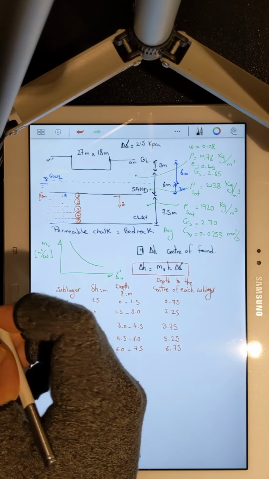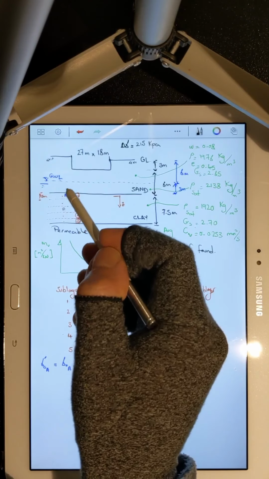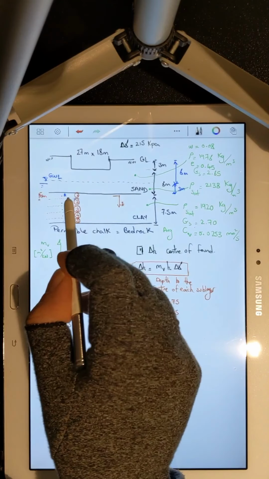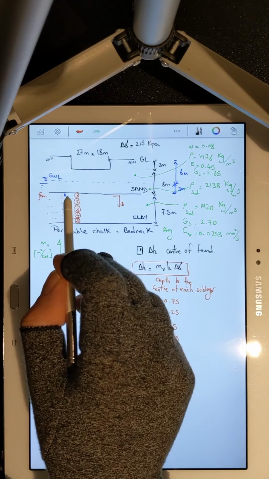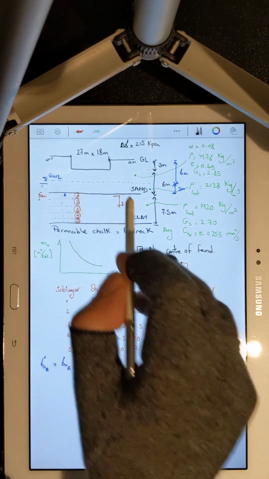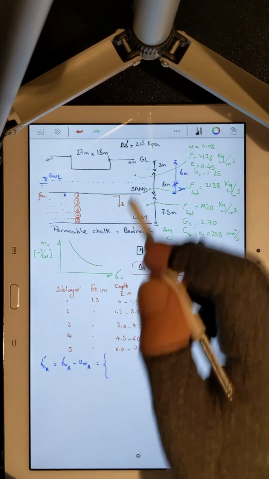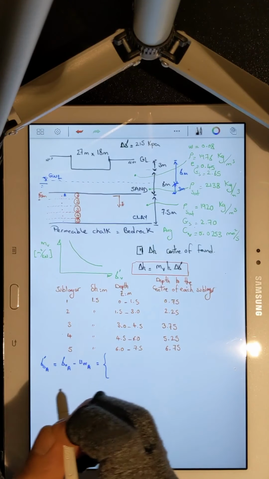And then I have different heights, depending on the sublayer, of saturated clay. Since I'm only interested in sublayer 1 for now, I have 0.75 meters of saturated clay. Let's begin from top and then go down. We will begin with the unsaturated sand.